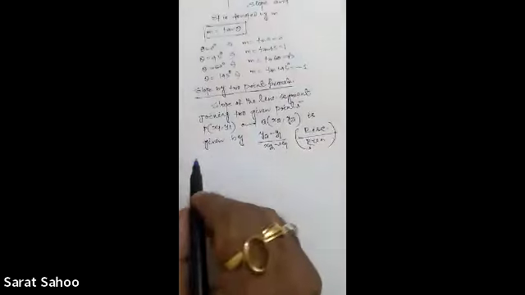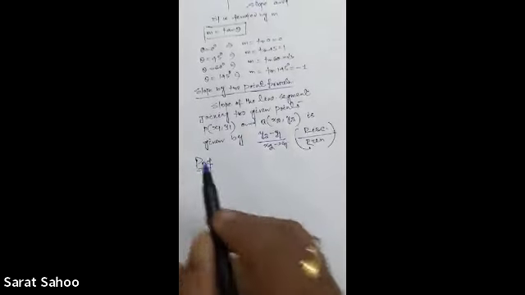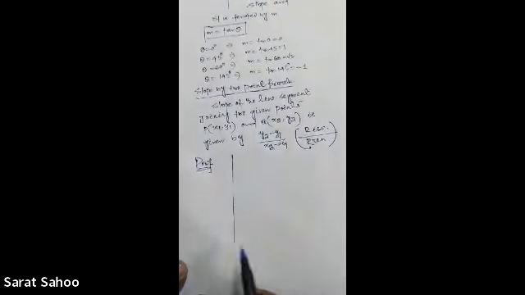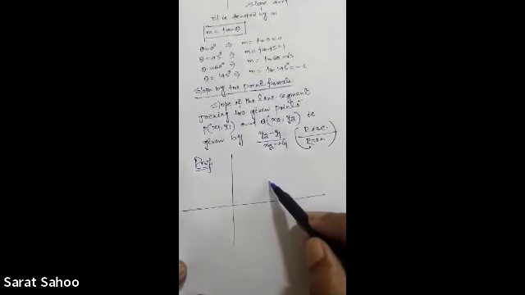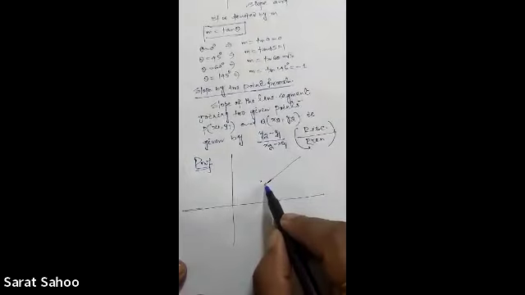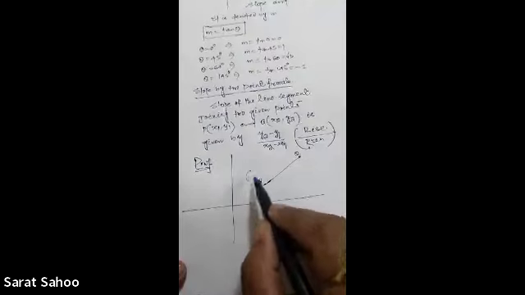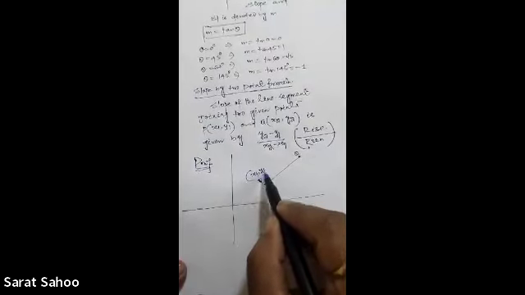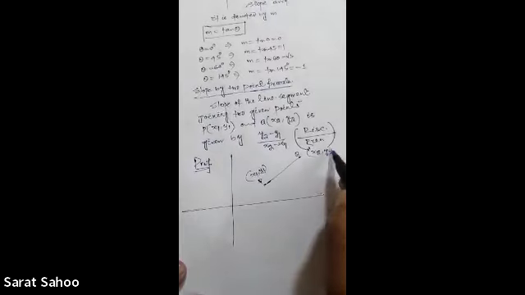Okay, come to the explanation. Suppose this is point P and this is point Q. Coordinates of point P are x1, y1. Coordinates of point Q are x2, y2.